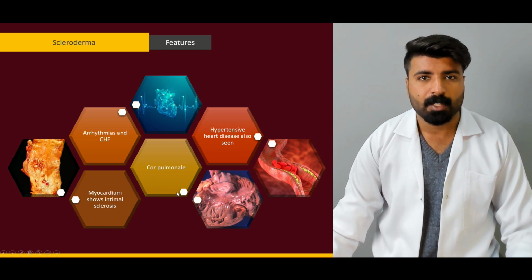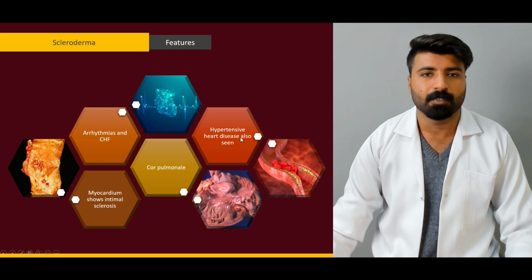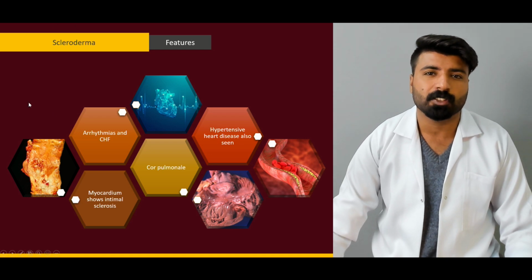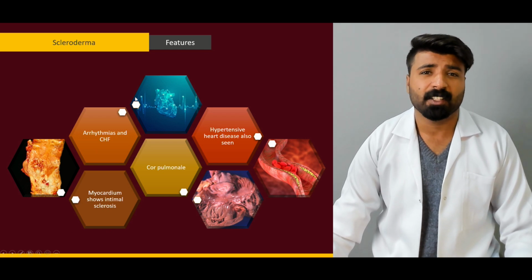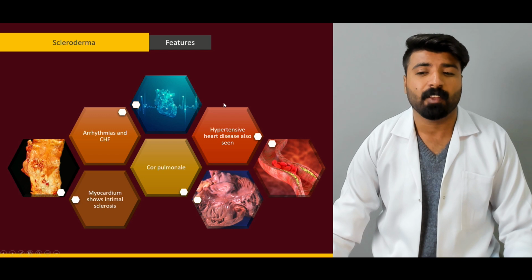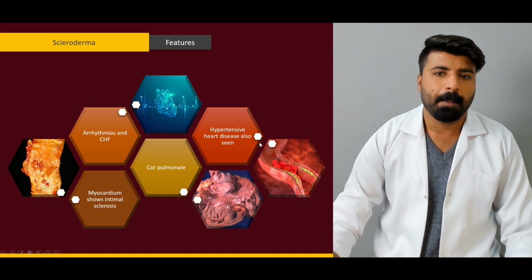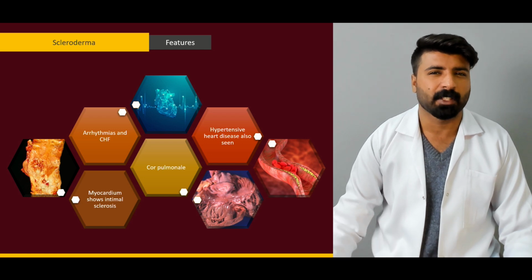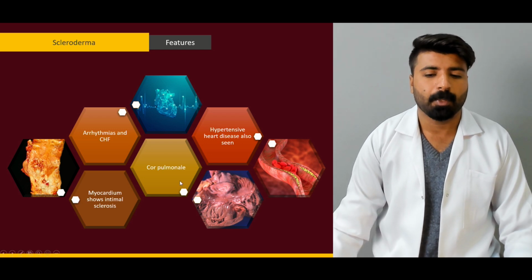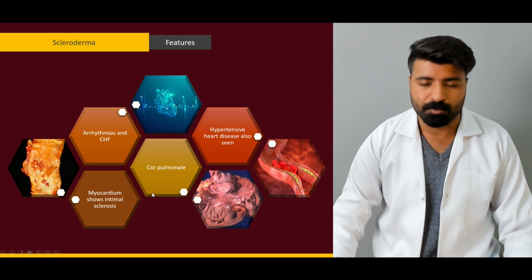When cor pulmonale is happening, obviously it will lead to hypertensive heart disease. So these are the consequences of scleroderma. It starts with myocardial sclerosis, goes to arrhythmias, congestive heart failure, then leads to cor pulmonale, and then finally leads to hypertensive heart disease. But hypertensive heart disease is seen in some cases, not all the cases, but up to cor pulmonale, it's the same journey.